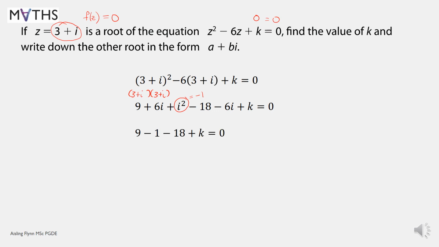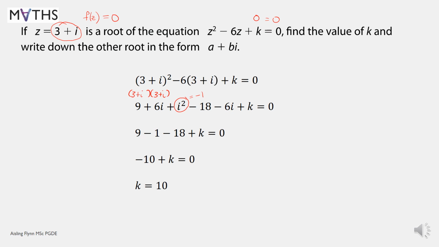When you tidy things up, you end up with 0i, so they disappear altogether, and we're left with real numbers. So essentially we have 9 take away 19, so we get minus 10 plus k equals 0. Then add 10 to both sides, you get k equals 10. So that's the first task.